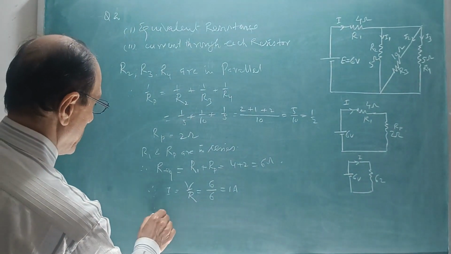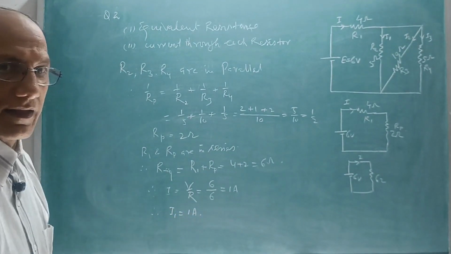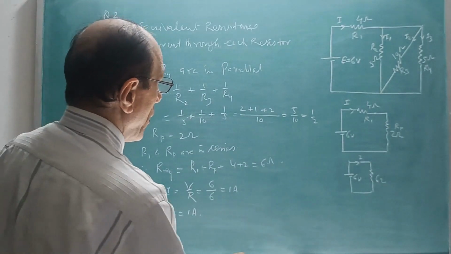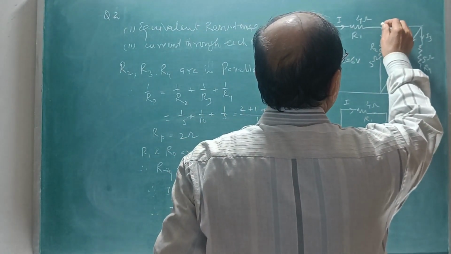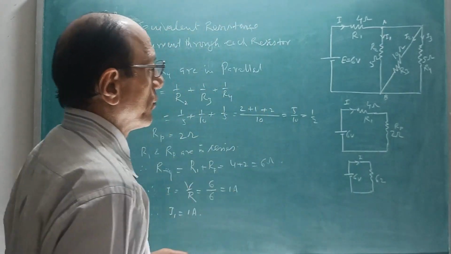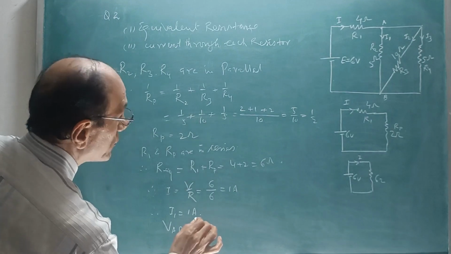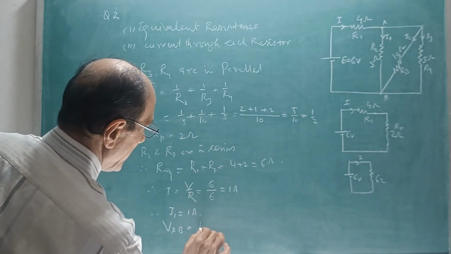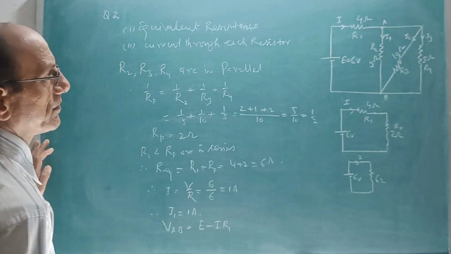Therefore, I1 equals 1 ampere. Now the potential difference across, suppose I say this is point A and this is point B. So VAB will be equal to E minus I into R1.